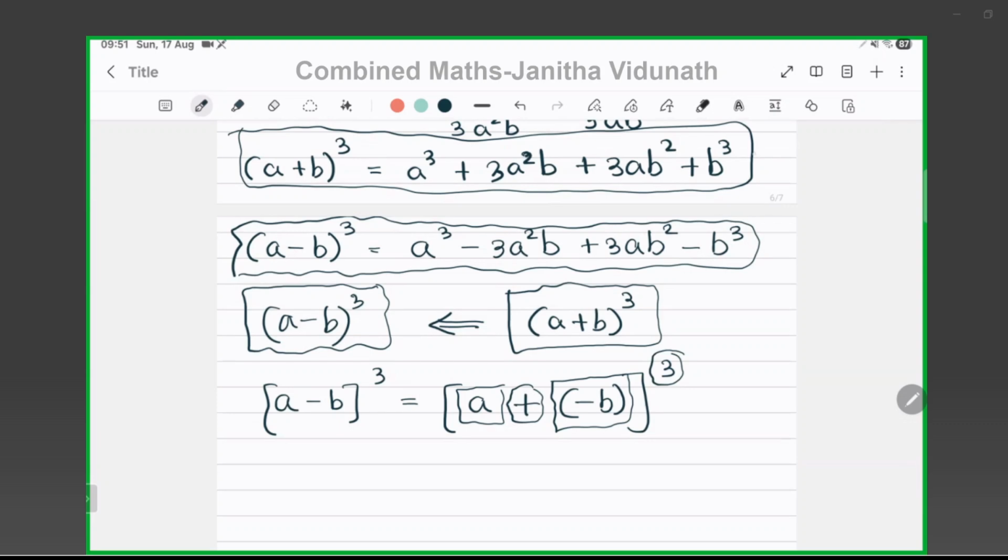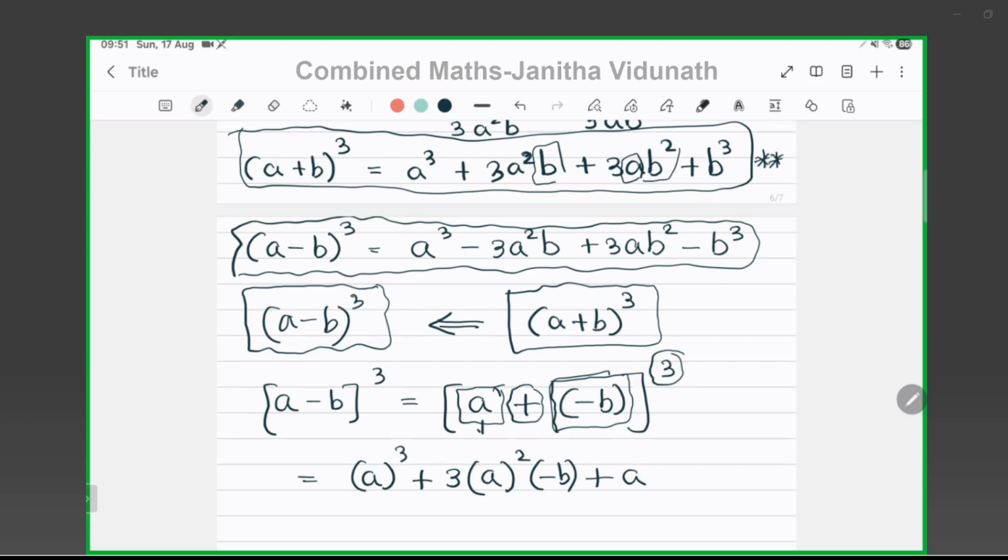Then the answer we get for a plus b whole cube is the cube of the first term. First term is a cube, plus 3 times our first term, a square. Here our second term is minus b. Then here minus b, and again plus sign. This is our first term a.